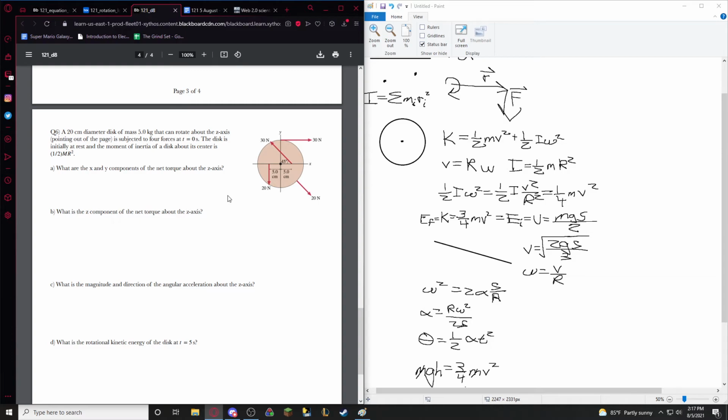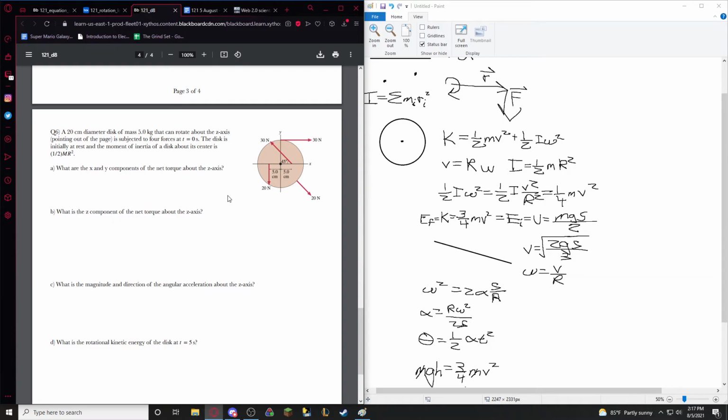There's 4 forces, so there's going to be 4 torques. One of them is 0. Which one of these forces is not going to contribute to the torque? It would be the 20 that's outside of the circle.